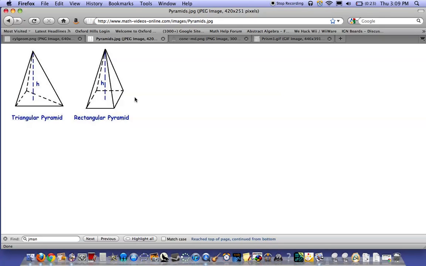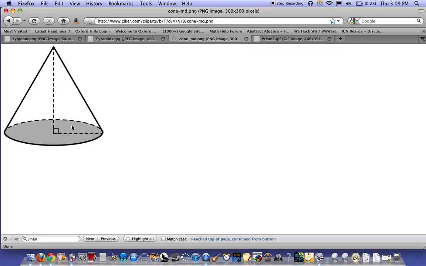And for the pyramid, the area around the pyramid was made up of a bunch of triangular surfaces. But the cone, since there are no edges or vertices on the circle, has a very smooth, rounded surface in the lateral area instead of a shape for a surface.